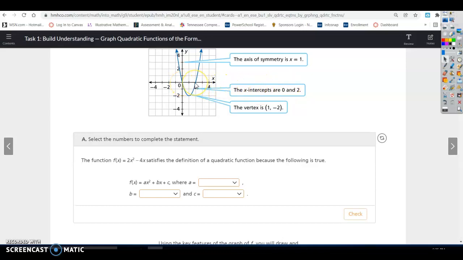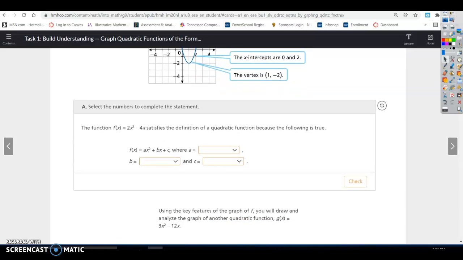And then 2, 0, which again is just identifying the x's because the x-intercepts are always on the x-axis. And then the axis of symmetry is going to be x equals whatever goes through the vertex of the parabola. Because this is 1, our axis of symmetry goes through x equals 1. Very important to know how to identify those parts of your graph.